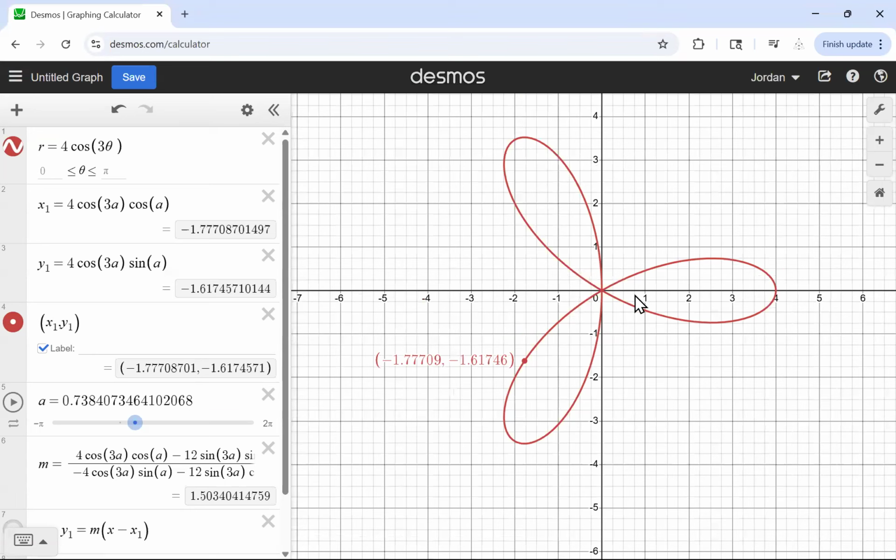So 4 cosine of 3 theta is this graph. And what I've done is I have put a point on this curve so that as I change the value of A, we can see that point go around the curve and follow our curve there. So that's what we're doing here.